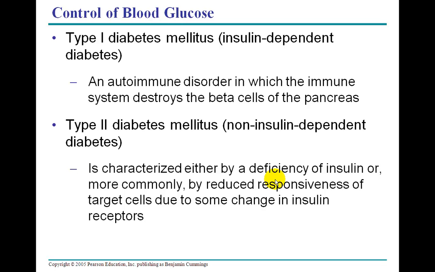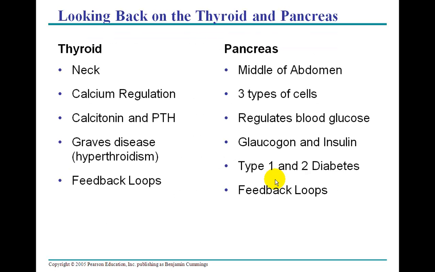This is an autoimmune disorder in which the immune system destroys the beta cells of the pancreas, and therefore you're not producing enough insulin, and you're not taking sugar out of the blood. Type 2 diabetes is non-insulin dependent diabetes, and this is characterized either by a deficiency of insulin or, more commonly, reduced responsiveness of target cells due to some change in insulin receptors.